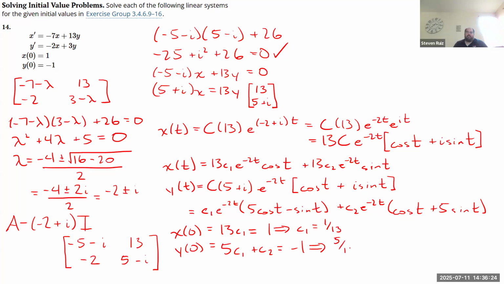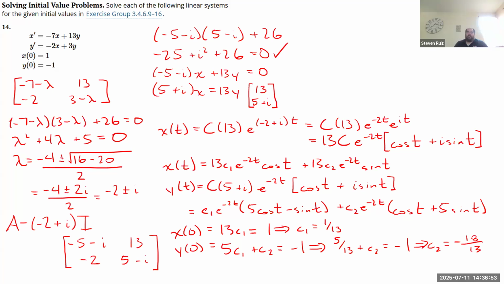So 5/13 plus C2 equals -1. And I think that means that C2 is equal to -13/13 minus 5/13, so -18/13.